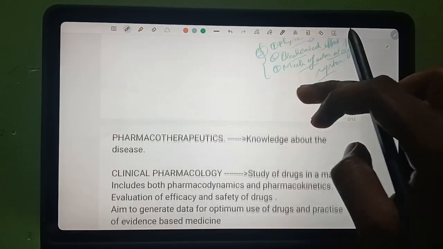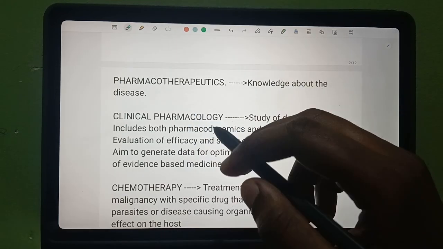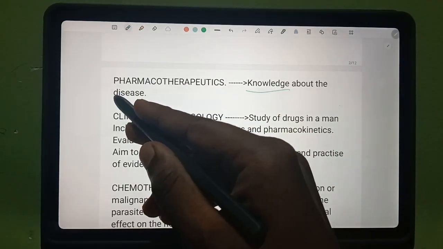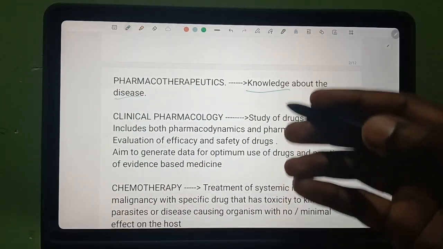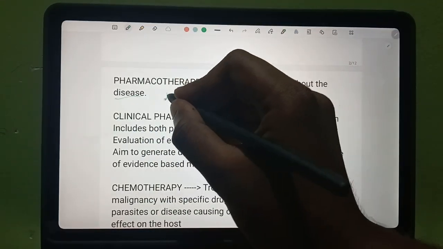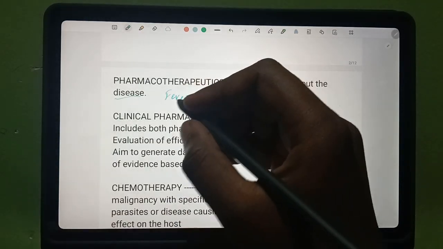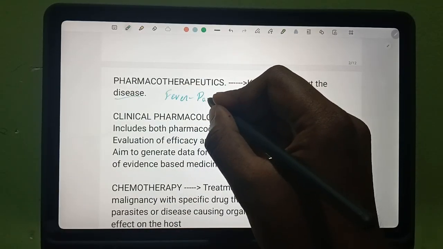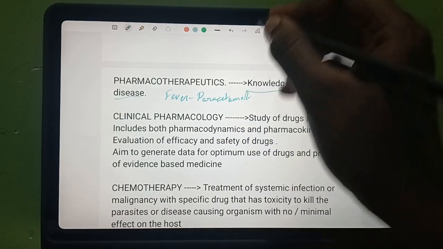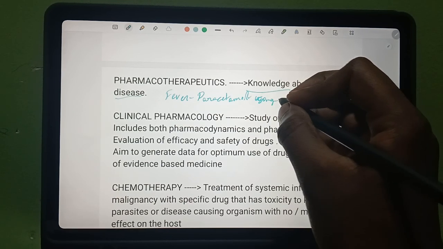Then we move on to the next definition, pharmacotherapeutics. Pharmacotherapeutics is about the knowledge of disease. For example, if we take fever, generally we will prescribe paracetamol, 600 mg, 650 mg, 500 mg.